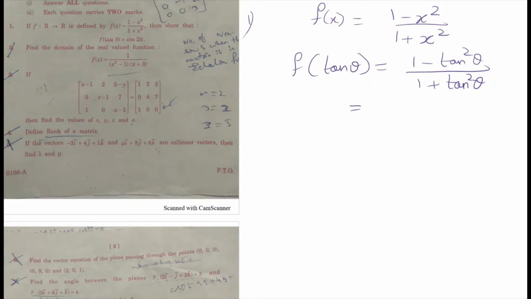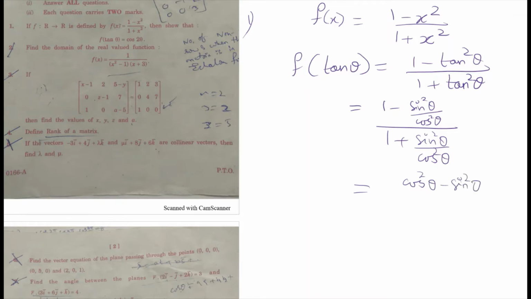Expanding this tan theta, 1 minus sin squared theta by cos squared theta by 1 plus sin squared theta by cos squared theta. That equals cos squared theta minus sin squared theta by cos squared theta by cos squared theta plus sin squared theta by cos squared theta.